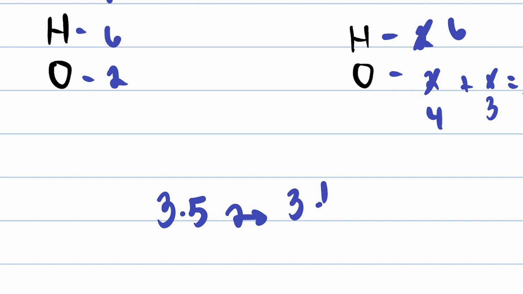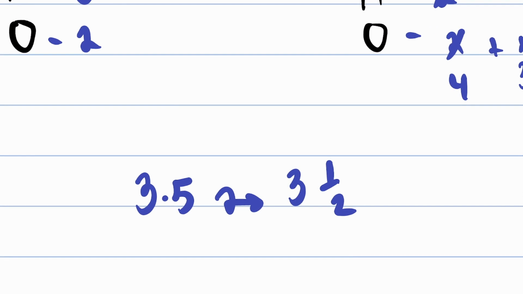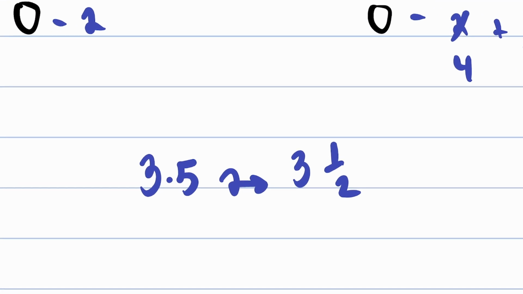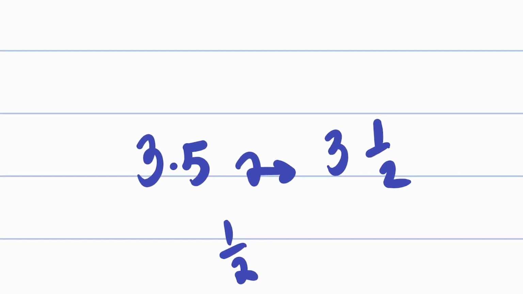Would you guys agree? All right. So if 3.5 and 3 and 1/2 are the same thing, right, we don't want to focus on the 3 because that's already a whole number. So we want to convert this half into a full number. So what would I have to do here in order to convert that fraction into a whole number?